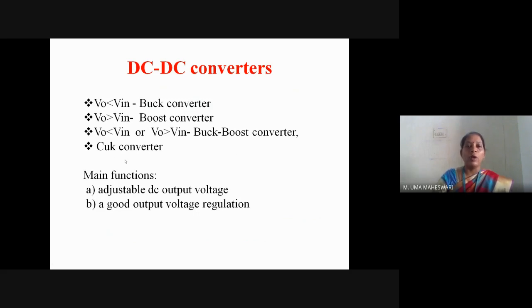The other converter is known as buck boost converter, where we are able to obtain the output voltage which is lesser than the input voltage, or greater than the input voltage. So we are able to do both buck mode and boost mode of operation in buck boost converter. The main function of chopper is to obtain the adjustable DC voltage, and we are able to obtain a good regulation of the output voltage.